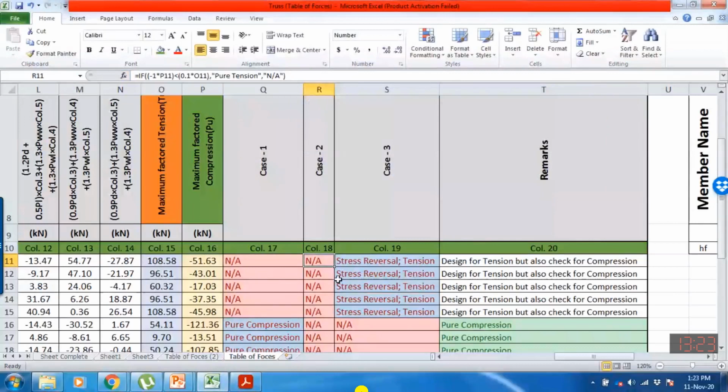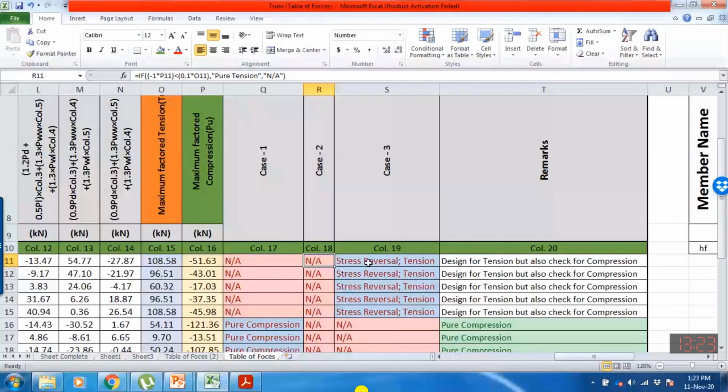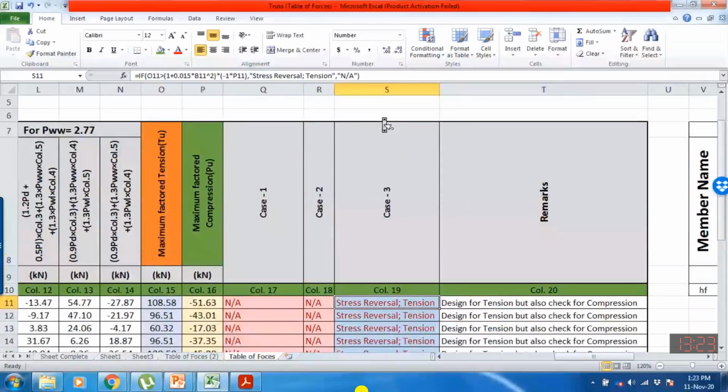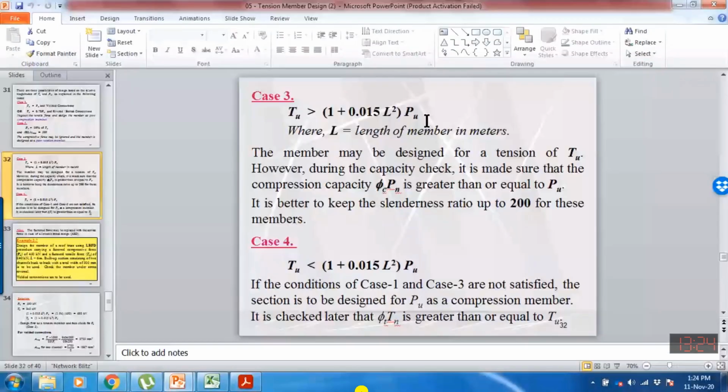So then in this case, what you can do, here the formula he has used is very complicated. I can make this formula simpler, but anyhow, I will have to use the third condition. Third condition is that I will compare TU with this parameter.